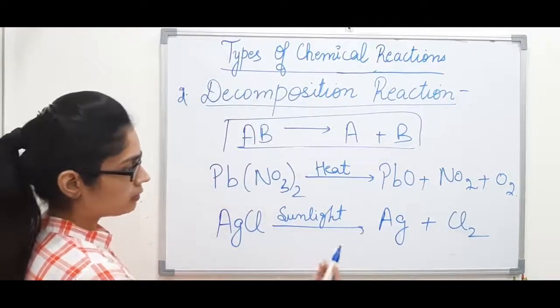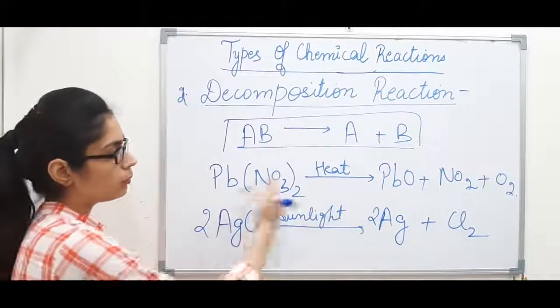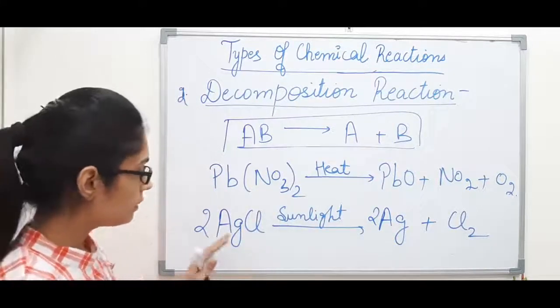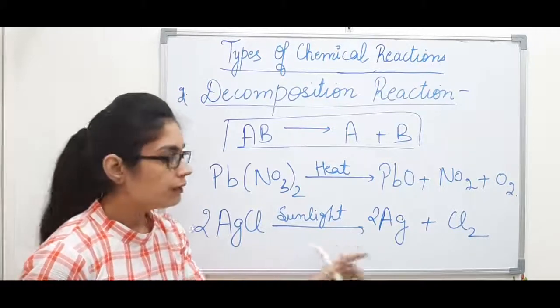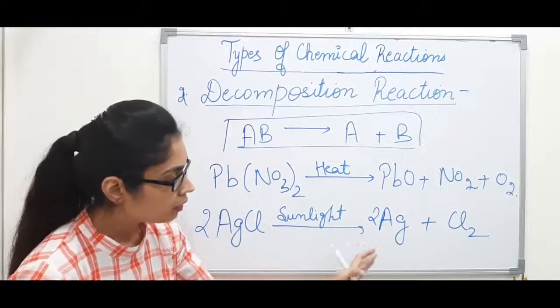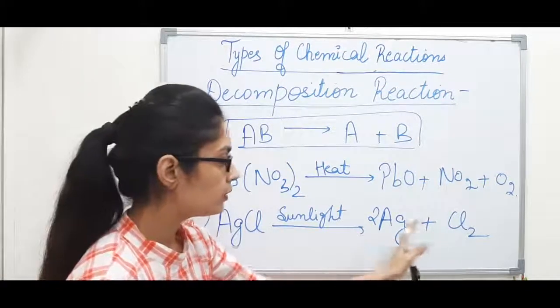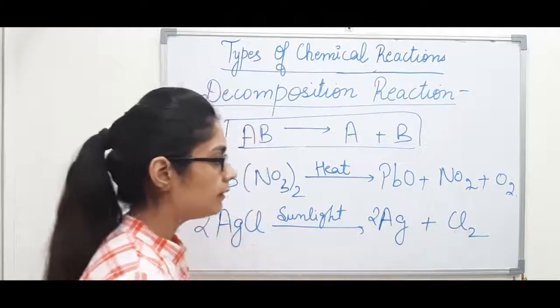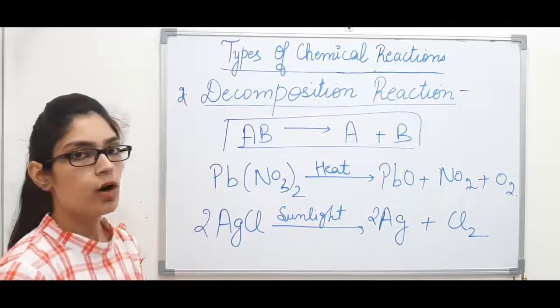Let's balance this equation also. If you want you can balance it, but as of now I am not balancing all the equations. You can see silver chloride, when kept in sunlight, got broken down into two simpler products, silver and chlorine. In this equation also, they'll ask you what the observation is.